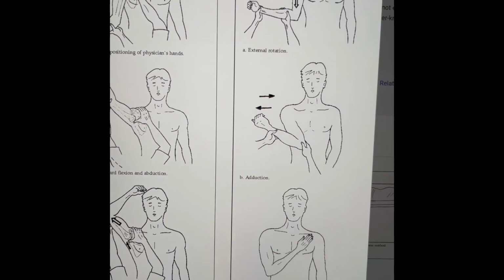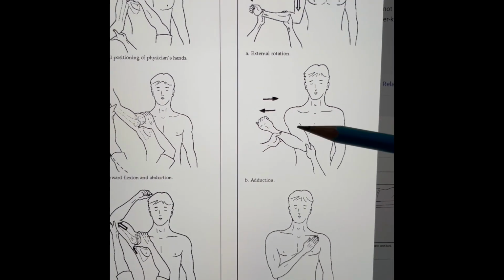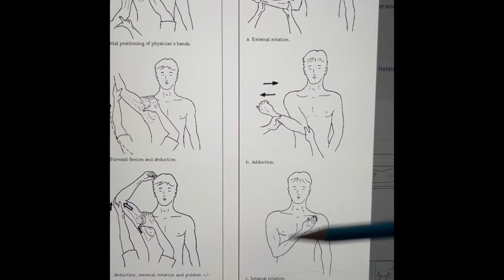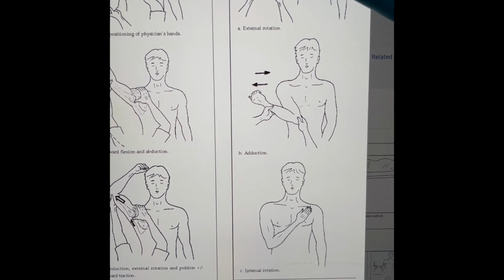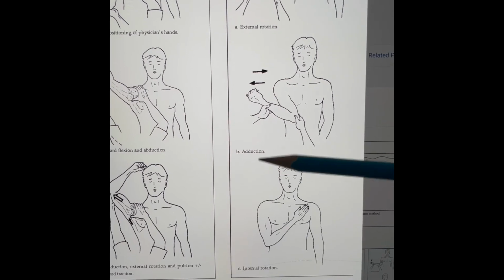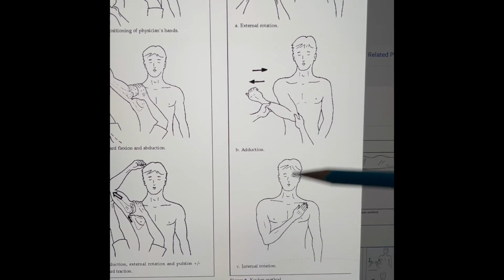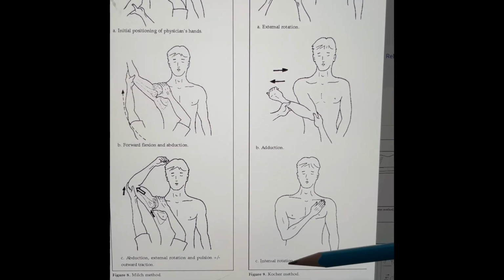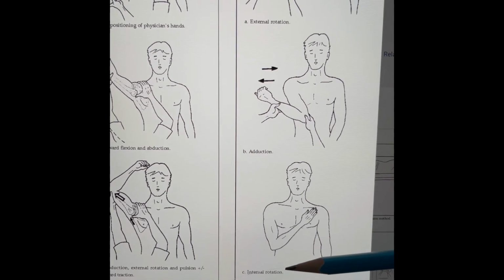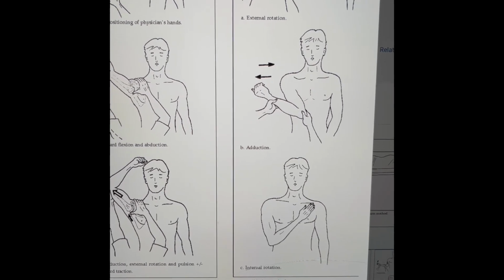Now there are different types of methods. Important is the Kocher method, in which we first slightly externally rotate, then we do adduction, and then we do internal rotation. This is called Kocher method. This is important and written in the books.